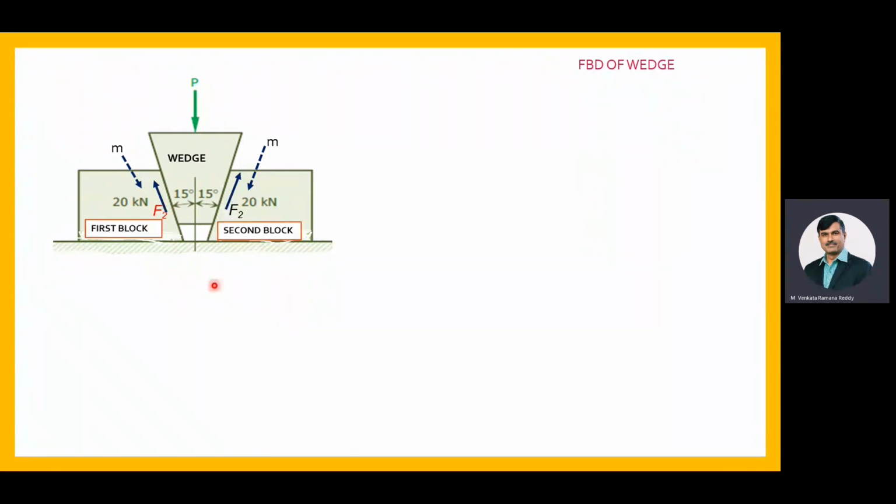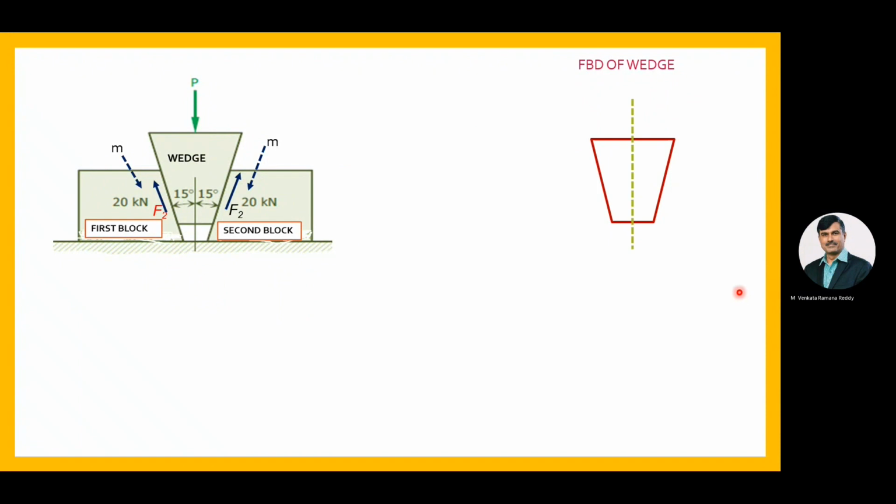Now we'll draw the free body diagram for the wedge. This is the wedge. Here, this is the y-axis and this one is the x-axis of the wedge. Now we'll consider reactive forces as well as active forces acting on the wedge. Here P is the active force, F2 is the reactive force and the normal reaction exerted by the blocks on the wedge is N2, that is a reactive force.